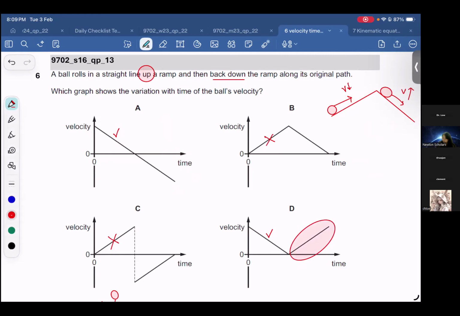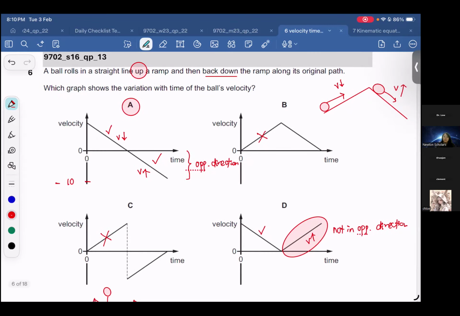This part, velocity increase, is correct, but it should be in the opposite direction. So this one is 0, maybe here is 10, but negative shows direction only. Actually it is speeding up. So here the velocity decreases, here the velocity increases in the negative region, which is the opposite direction. Your answer should be A.